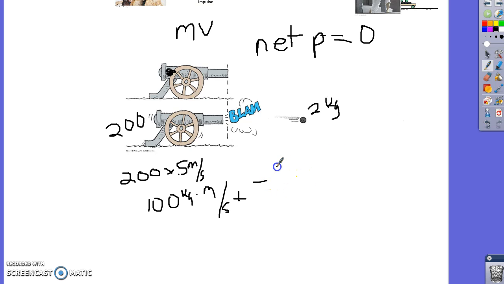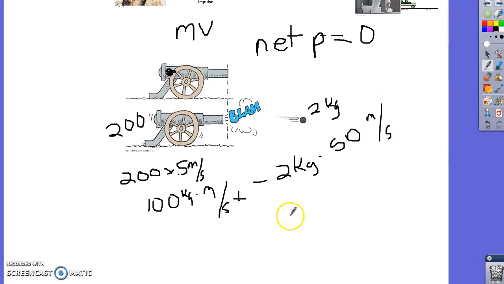Let's say that the cannonball still has a mass of 2 kilograms, times its velocity. So it turns out its velocity is going to be 50 meters per second.